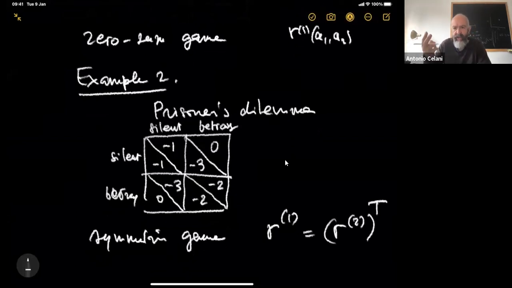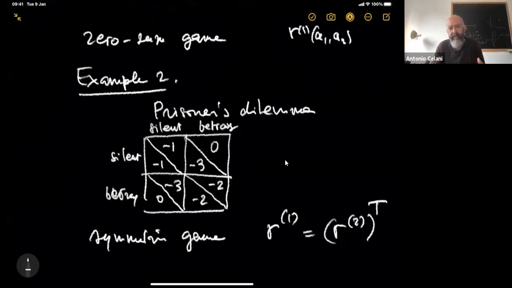So if we exchange the rows and the columns, we get the same thing. Symmetric means that basically the identities of the players don't matter in this kind of games. There are also games which are asymmetric and are more complex. So you see that there's a huge variety.